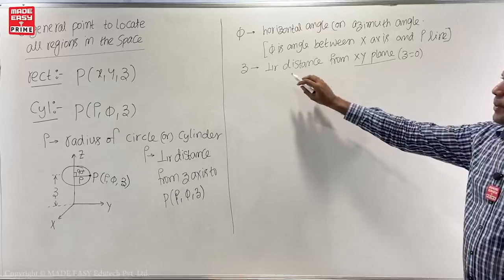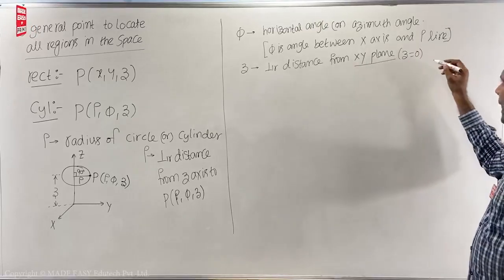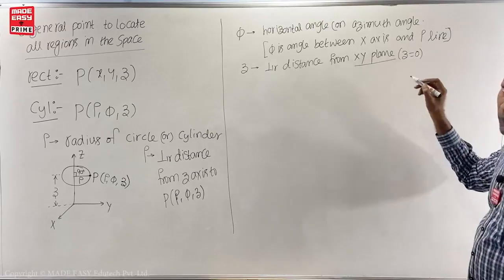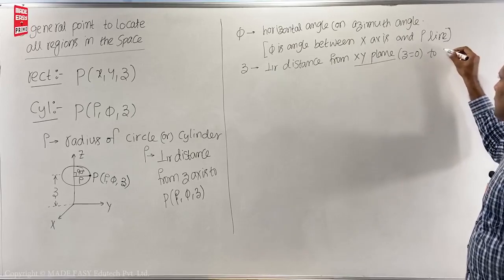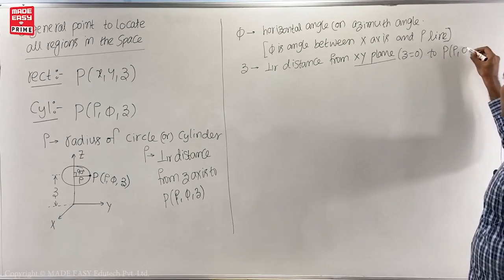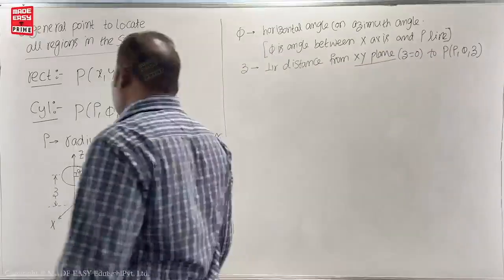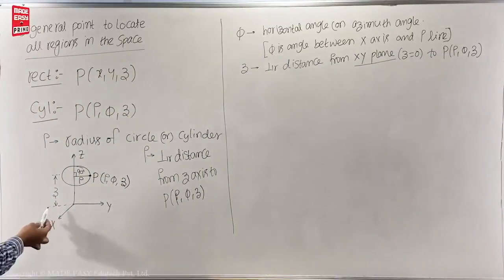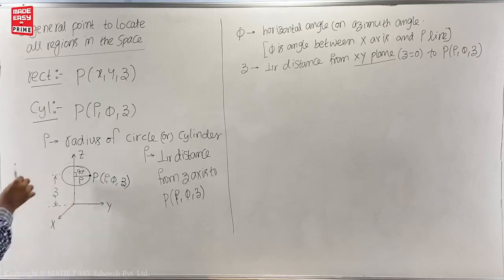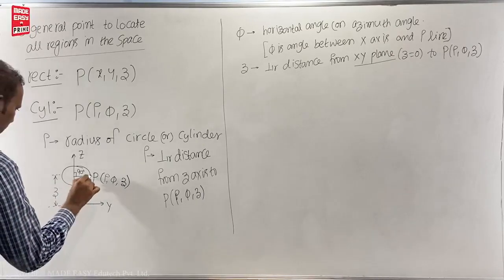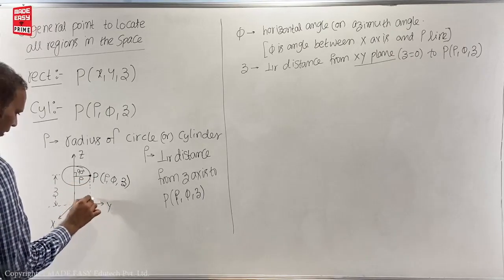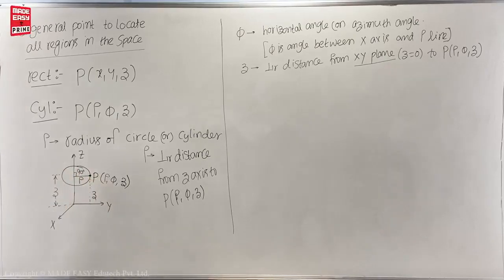So z is the perpendicular distance from the XY plane, where z value is 0, to the point P(rho, phi, z). So from here to here the distance is z. Here also the distance from the XY plane is z only. That is height actually.